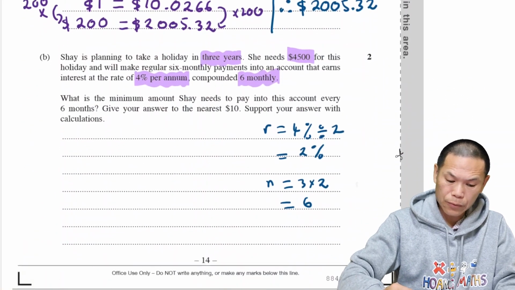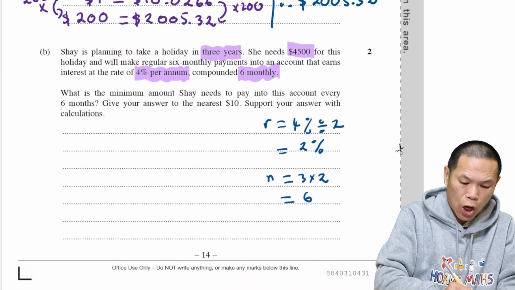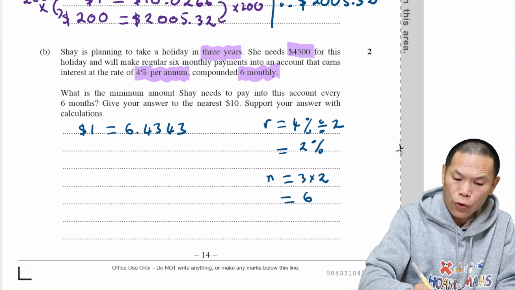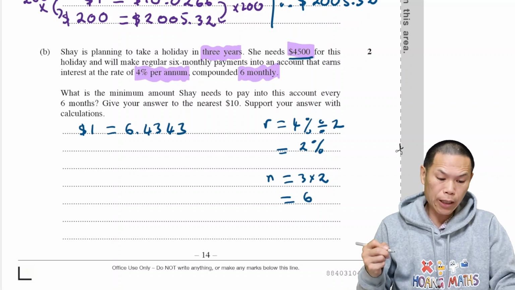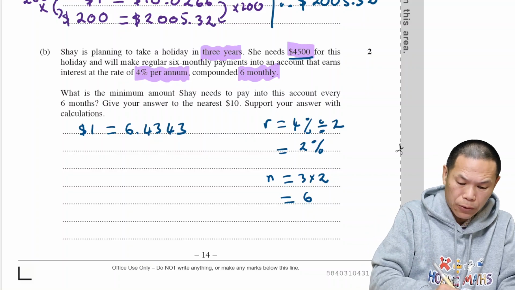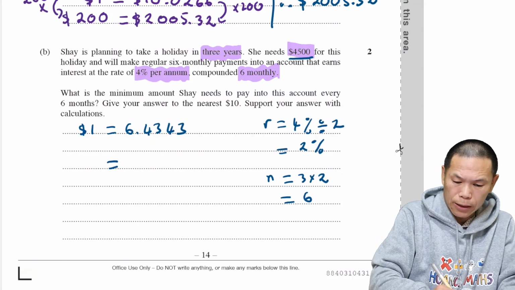$6.43. So the annuity of $1 is 6.4343. And Shay needs $4,500 in 3 years' time. So that means the future value is this $4,500.